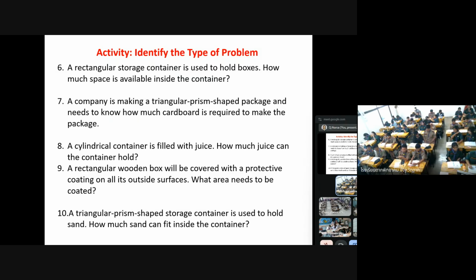One minute. Just remember, surface area outside, volume inside. Capacity inside.